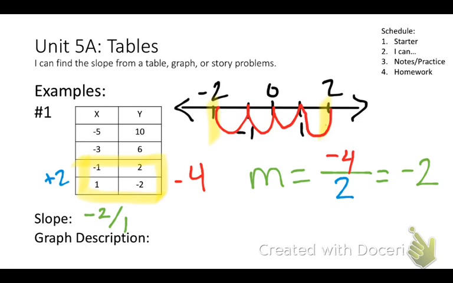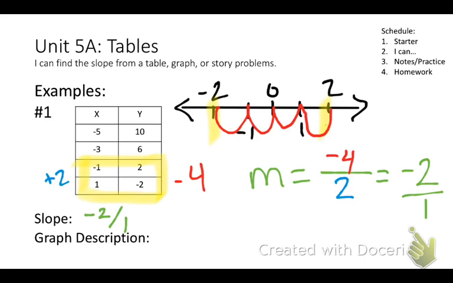In Canvas, you're going to write it just like I did over here in the slope section, -2, this dash, and then 1. But in our notes, you'll see me most often write it like I did here with the -2/1. Now let's talk about the description of this line. The line's not drawn, but I can talk about this line.